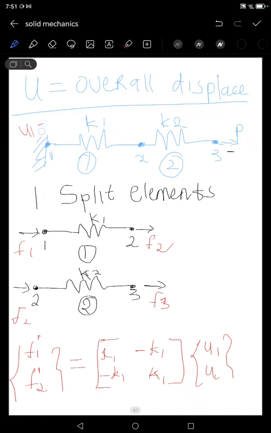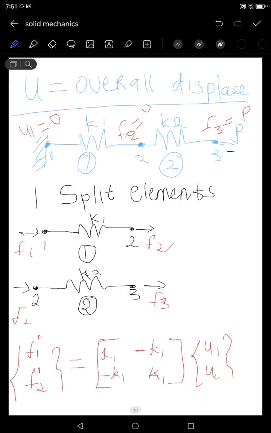Here u1 is equal to 0, and then f2 is also equal to 0, and then f3 is equal to P. Here the reason we said f2 is equal to 0 is because there's no external force being applied.